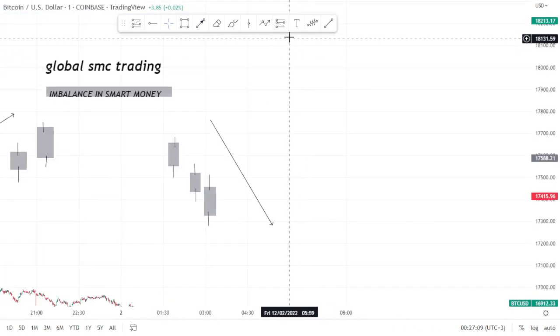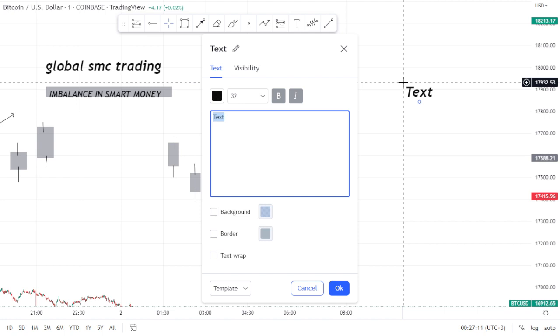For people who know, there are a lot of names that people like to use with this concept. We have imbalance, fair value gap, and mitigation.